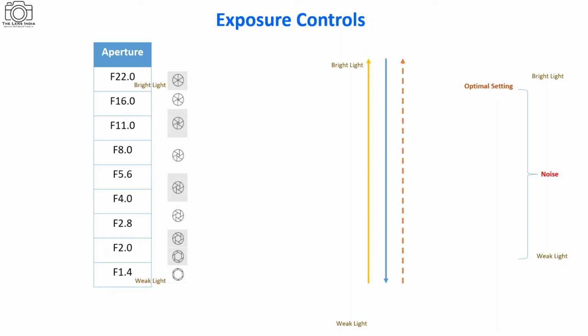As a thumb rule, you can assume that when we are shooting in a bright light situation, the brighter the light is, you can use higher aperture values, and the weaker the light is, you can use lower aperture values.